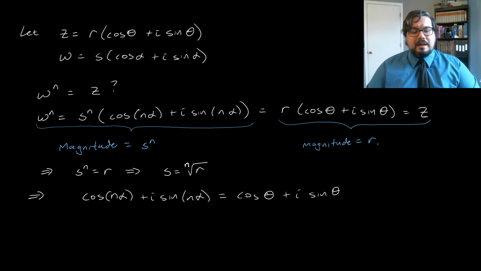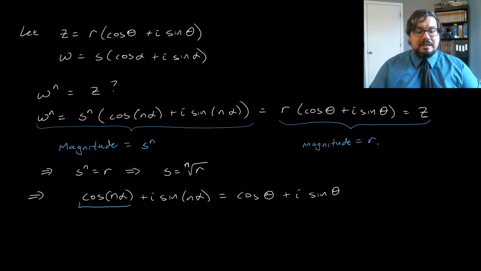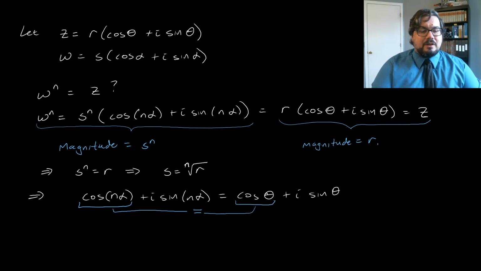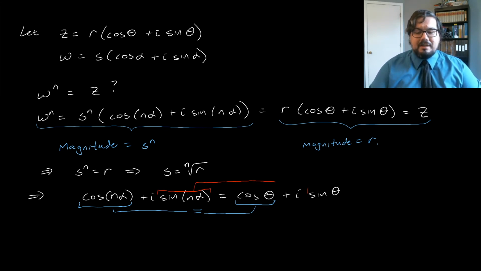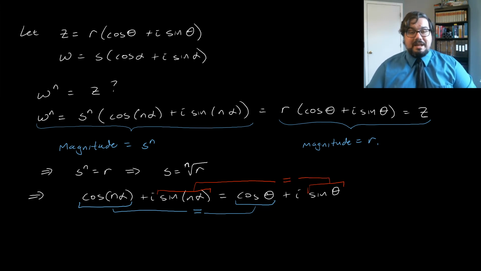Because two complex numbers are equal if and only if their real parts are equal and their imaginary parts are equal, we have that cosine of n alpha has to equal cosine of theta, and sine of n alpha has to equal sine of theta.